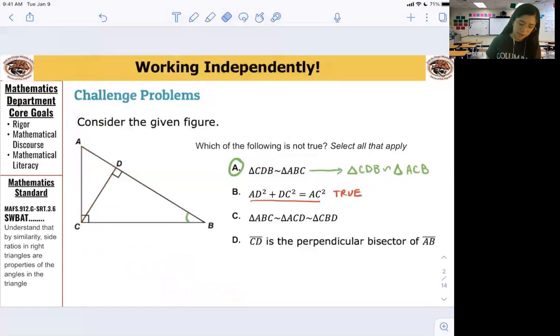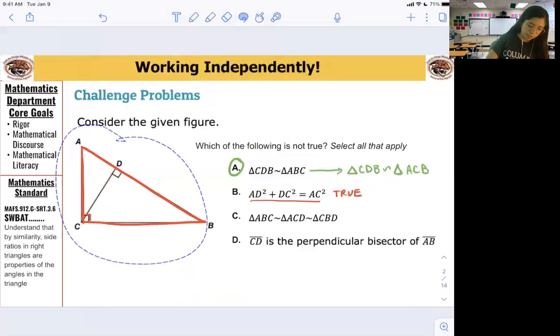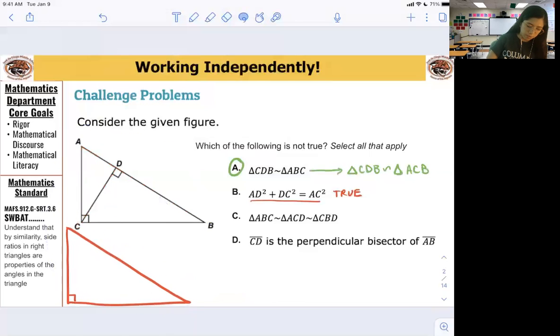ABC is similar to ACD, which is similar to CBD. So they broke down the triangle. We've got the big triangle. And we just want to make sure that things are written in the correct order. So this is ABC.